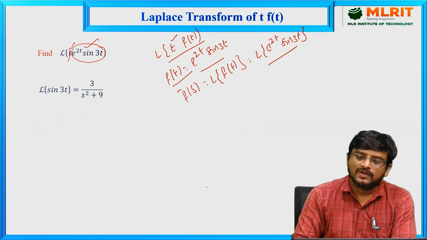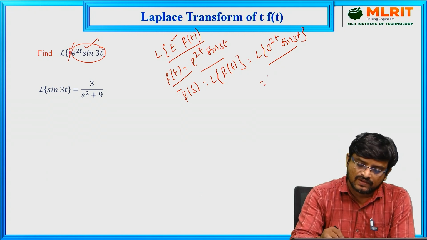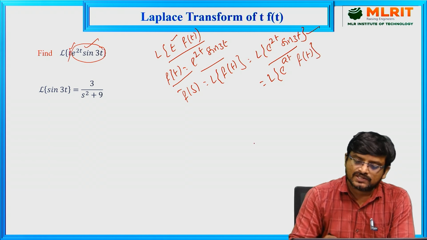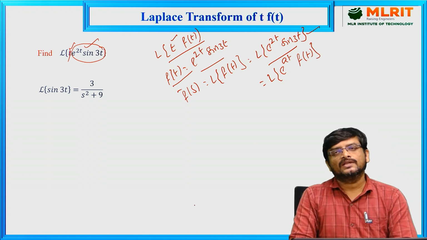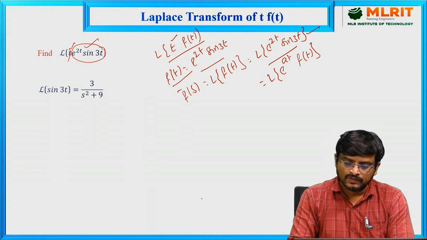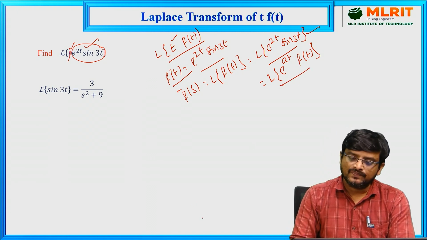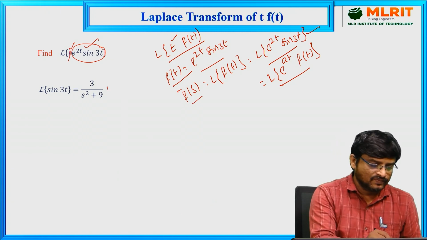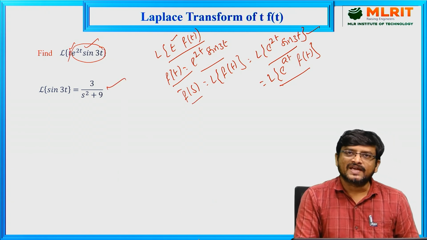Now if you want to evaluate this, it is of the form Laplace transform of e power at into f of t. In order to get this value, we have to take the help of another property of Laplace transform, that is the first shifting theorem. So for that, first find the Laplace transform of sine 3t.